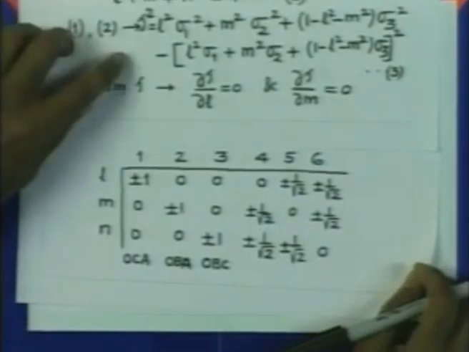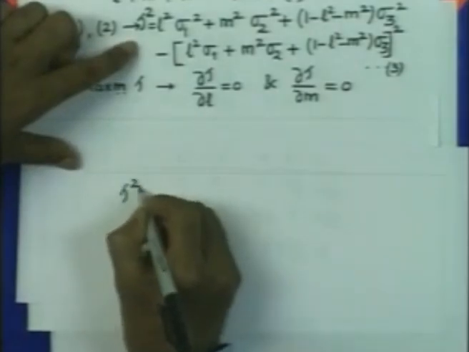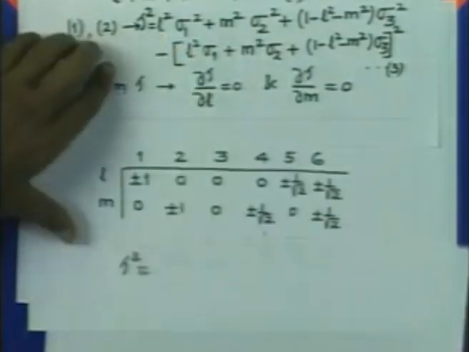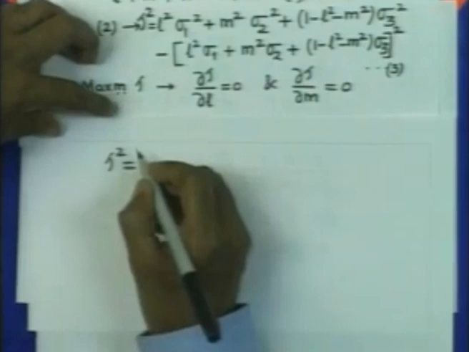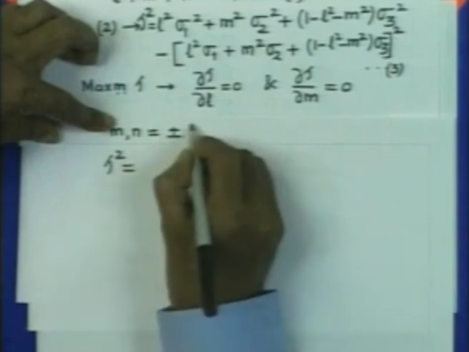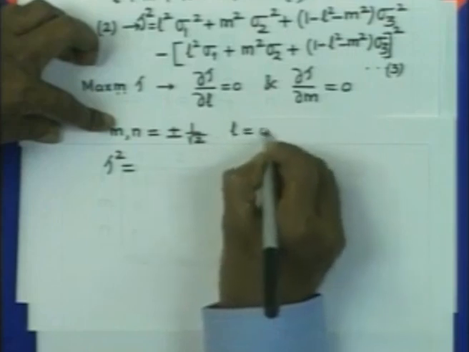So, this tau square is equal to, if we consider the plane number 4, wherein we have m and n equal to plus minus 1 by root 2 and L equal to 0.